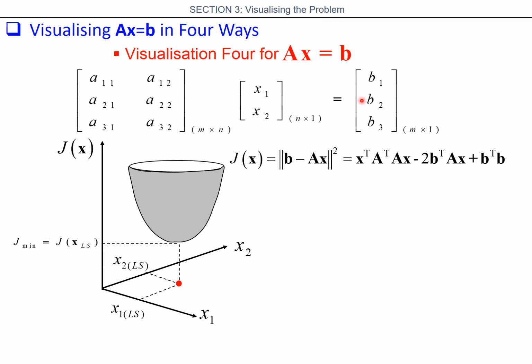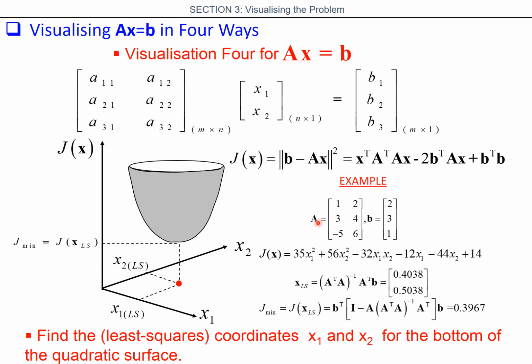Now, if this set of equations is consistent, then the bottom of the quadratic will touch the x1, x2 axis, and the objective function will go to 0. But in general, this will not go to 0, and so we have to get a least squares solution, which is the x1 and x2 corresponding to this point, the bottom of that 2D quadratic.